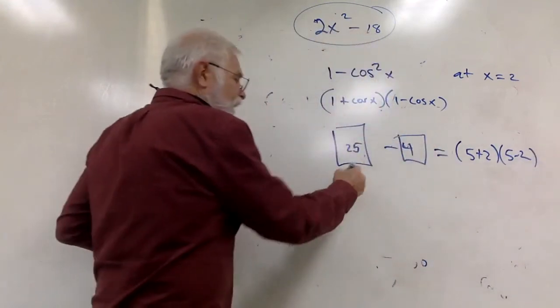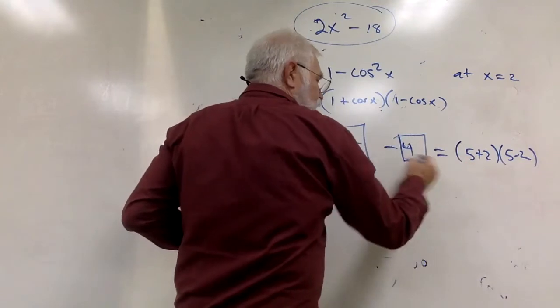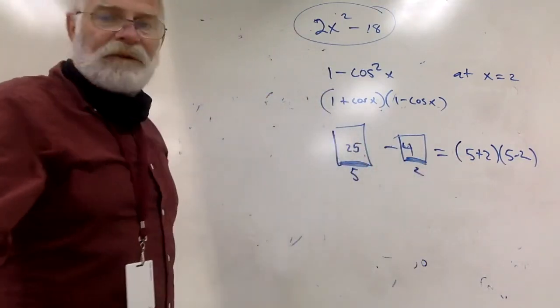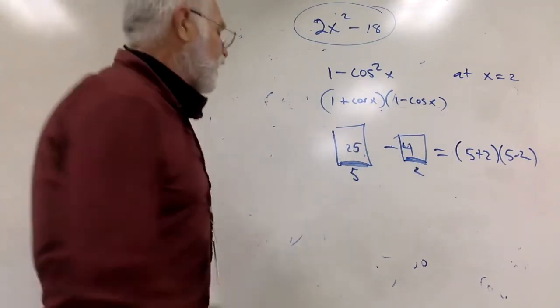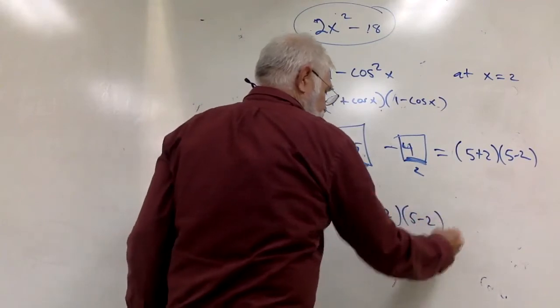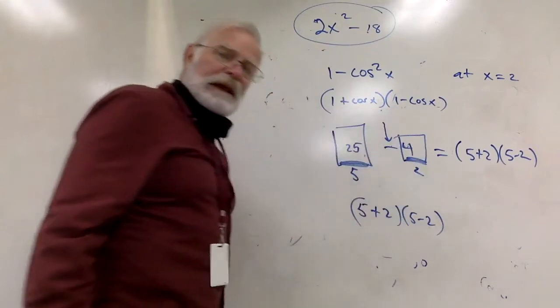So what is the number 5? It's the square root of 25. What is the number 2? It's the square root of 4. So what is the form for the difference of two squares as a product? The sum of the square roots times the difference of the square roots.